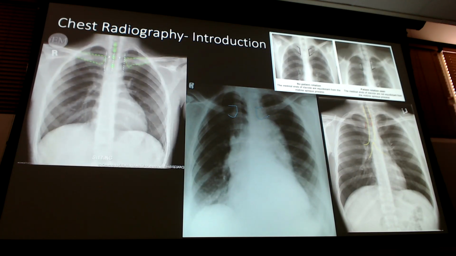Okay? Just like in the first block we briefly covered it, this is your sign for rotation or not. This is where you look. It's the only place you really need to look. Why is this important? Well, if I'm rotated one way or the other, it may appear to have a larger or smaller heart in certain areas.